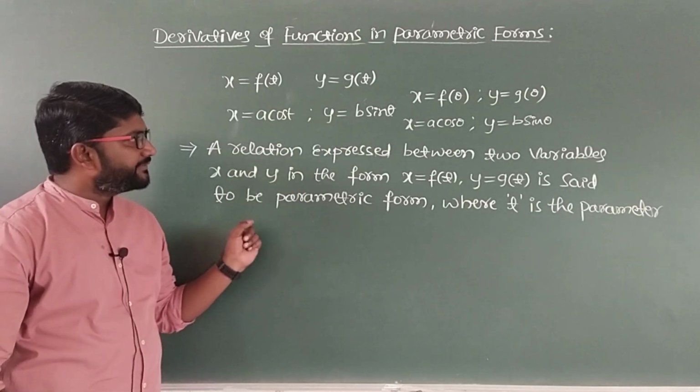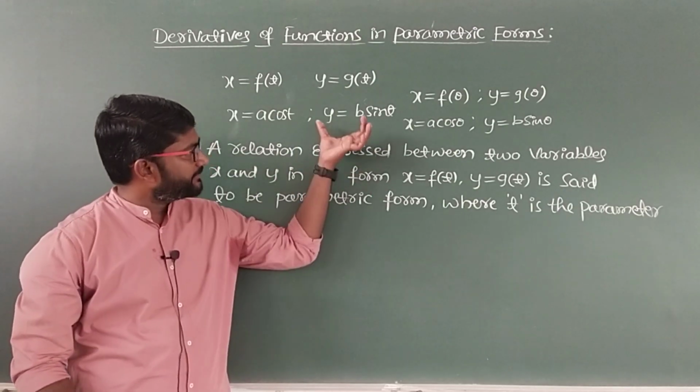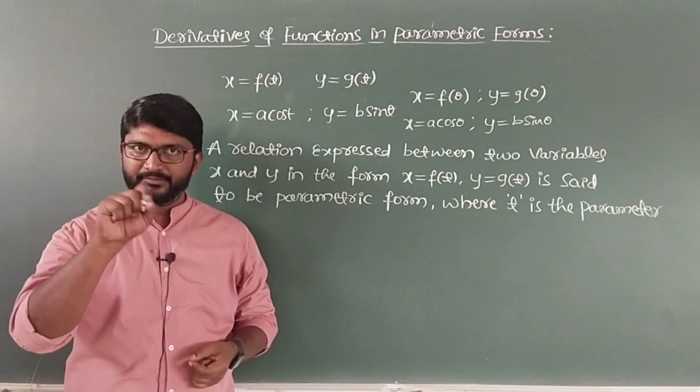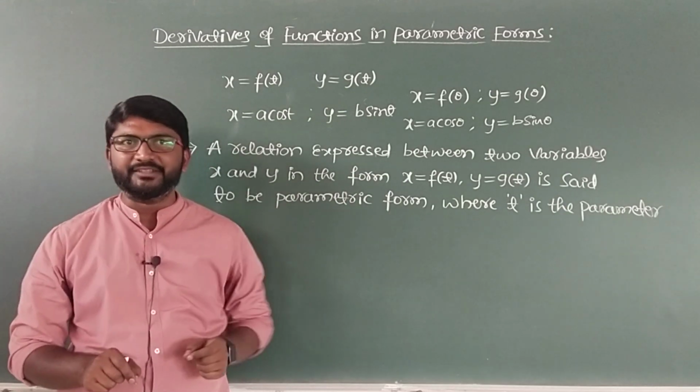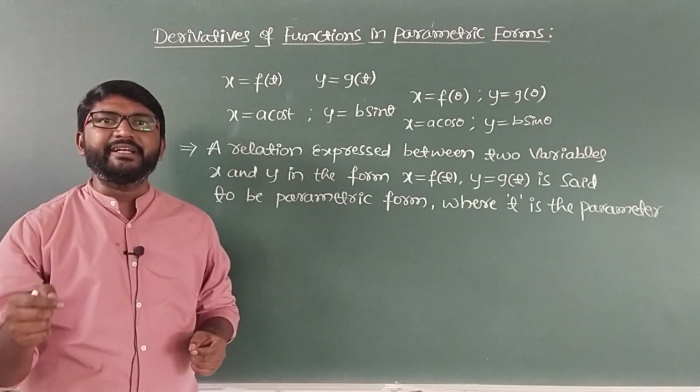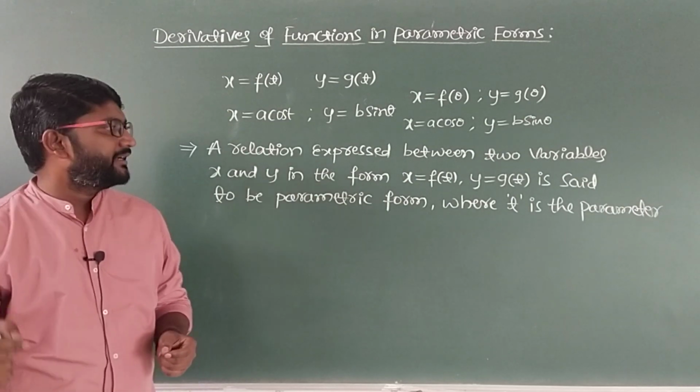So now in order to find the derivative of such functions, we have a particular rule, that is dy by dx is equal to dy by dt whole divided by dx by dt.